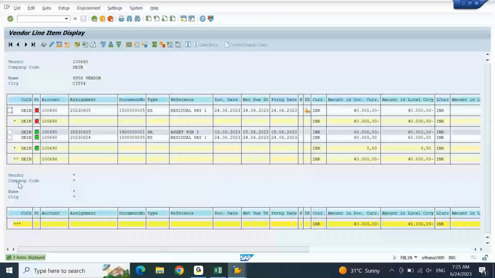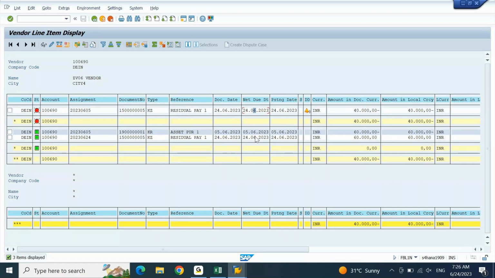For the original invoice, which is KR, your document date was 5th June 2023. When you do the residual payment, the system takes the current document date of 24/06/2023. The due date is becoming 24/06, but the previous due date was 5/6.